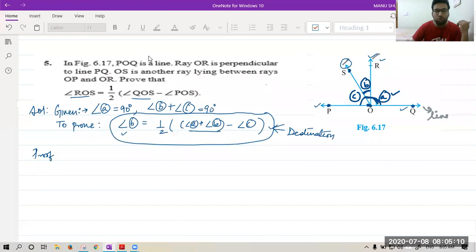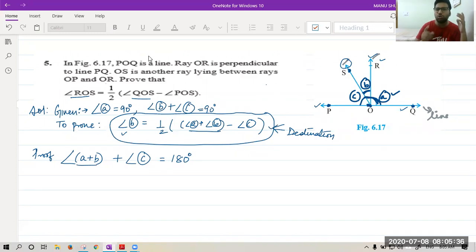Okay. So first thing is we understand that POQ is a straight line. So we can write the first equation very easily, that the sum of two angles is 180 degrees. Let me take the first angle as A plus B, plus angle C is equal to 180 degrees.